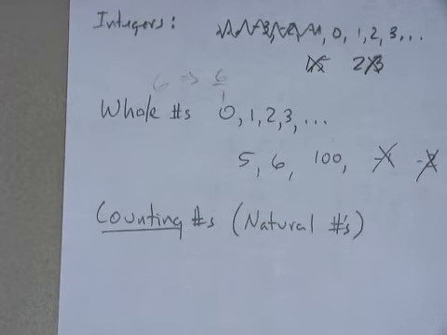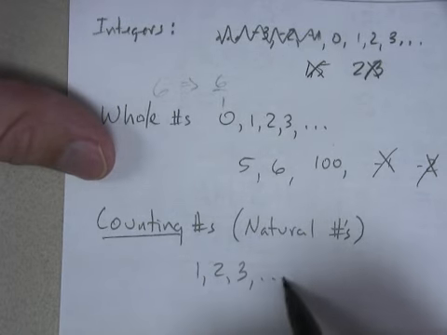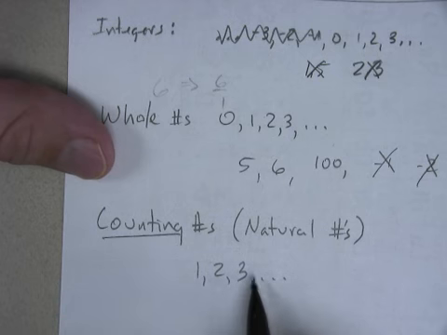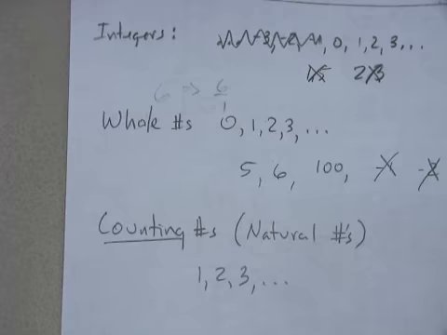Here's how you know counting numbers. If I ask you to start counting, what would you start with? Would you start with 10 and count? No, when you were little and they asked you to start counting, you started with 1. Those are your counting numbers: 1, 2, 3, and on out. 0 is not a counting number. -1 is not a counting number. 10 is. 100 is. Okay, so those are your counting numbers.